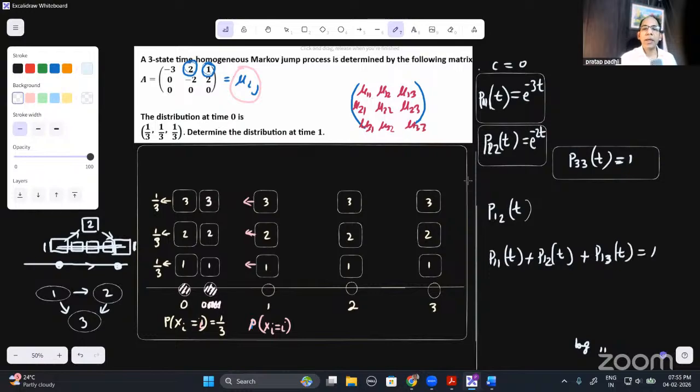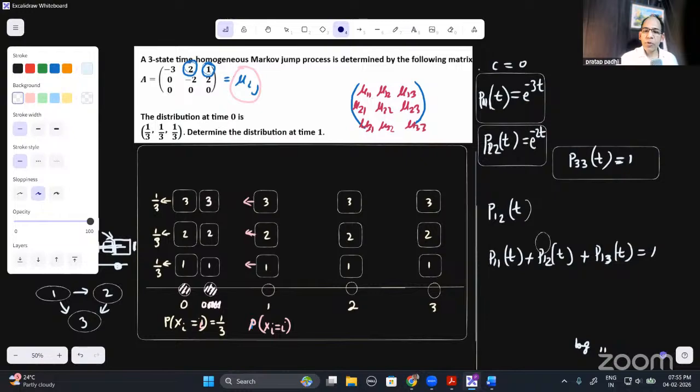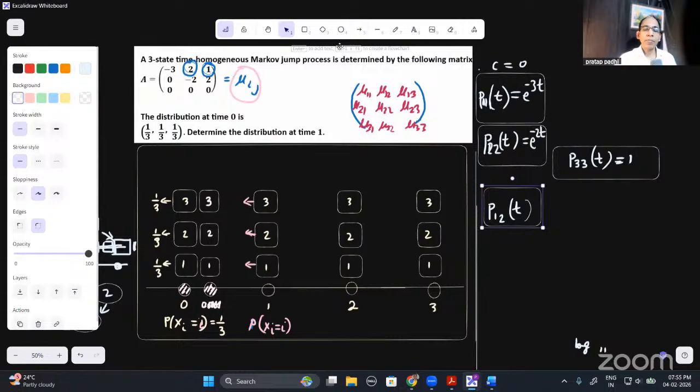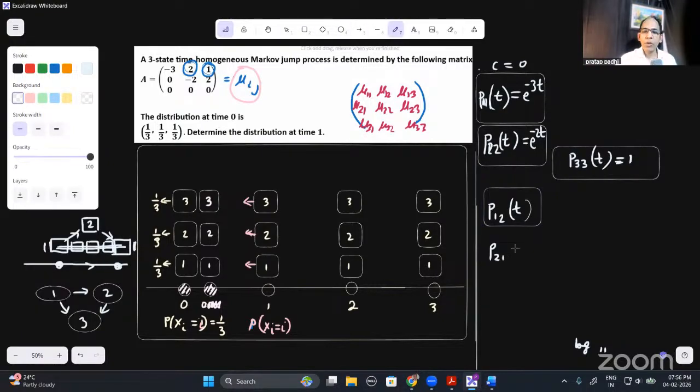If you find any one, suppose you find this one, you already have the diagonal one, P11. If you find this one, you know this one. So we'll find one here, then you go to the next row. In the next row also, we already know the middle one. So we'll try to find P21(t). Then P22 we have, so P23 anyway we'll have.